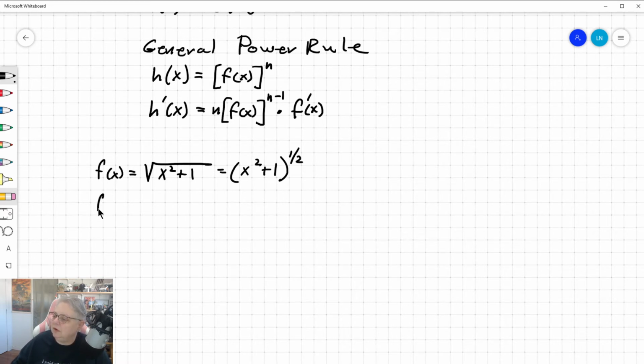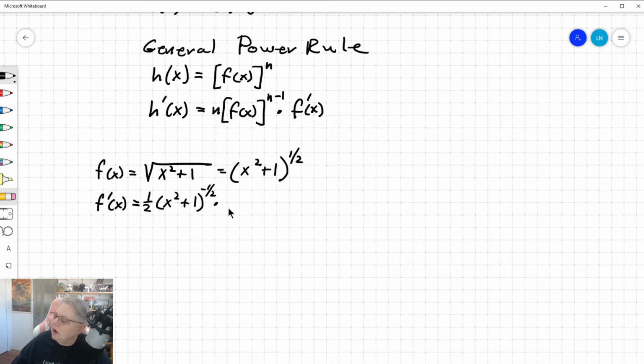So then to take the derivative, f prime of x, we're first going to apply the power rule. I bring the power down, times x squared plus 1 to the power minus 1, so that's going to be minus 1/2.